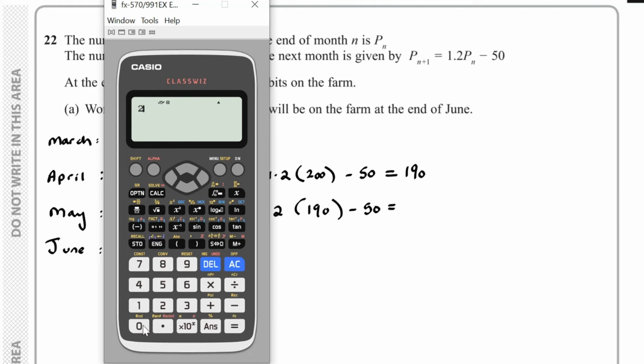Should we just start this again? So we've got 200, and then 1.2 lots of this minus 50. That's 190, and then substituting with 190 in, we get 178.